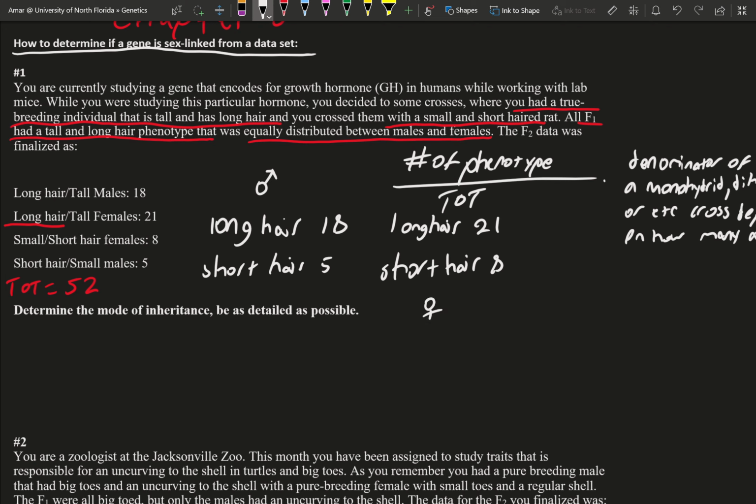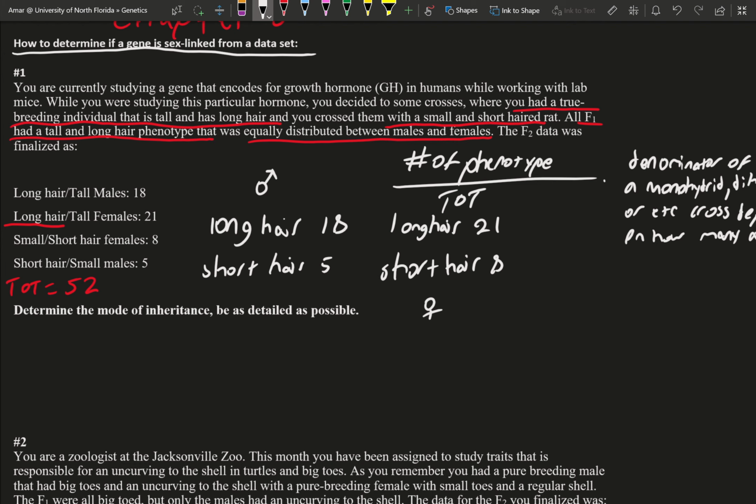So what we want to do now is figure out if the ratios are the same between males and females. So for the males, we're going to do 18.